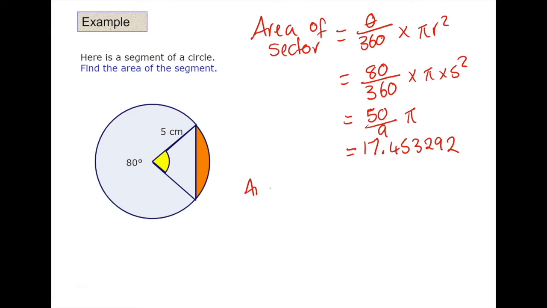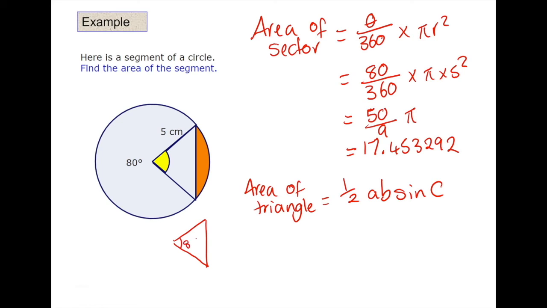Now let's find the area of the triangle. You may find it easier to also draw out the triangle. So this is 80, so that's going to be the angle C. The radius is on either side, so if we call this little c, then this one can be capital B, this will be small b, this will be little a, and that'll be capital A. Subbing in the values, we've got a half times a, which is 5, times b, which is 5, times sine 80.